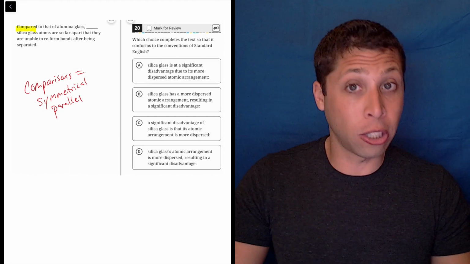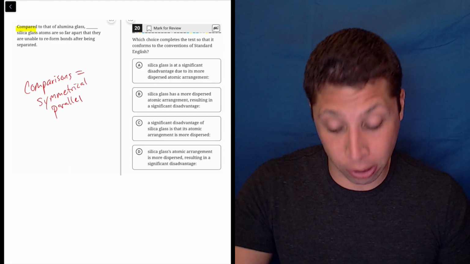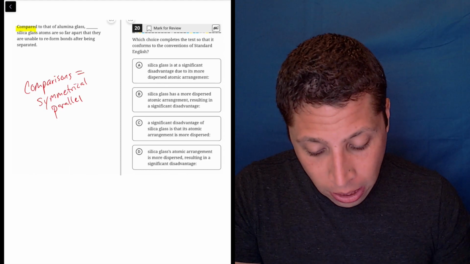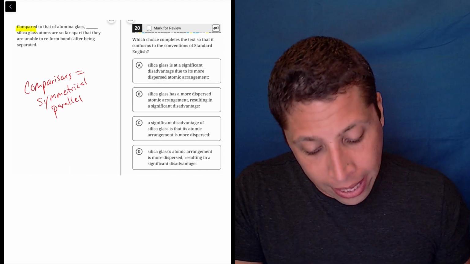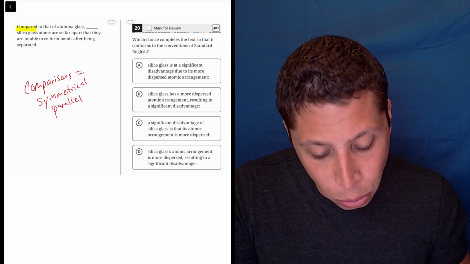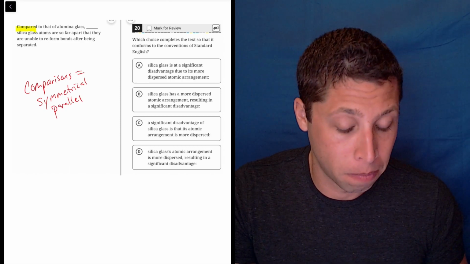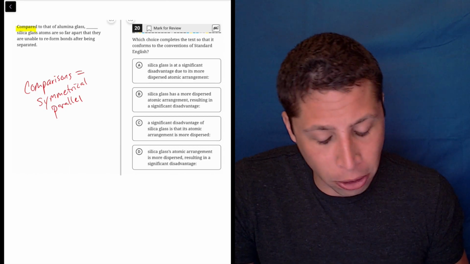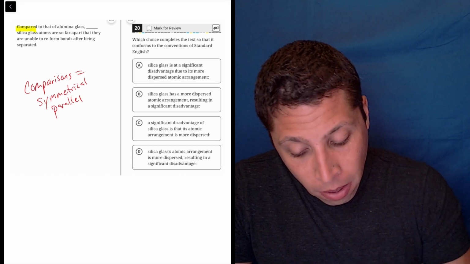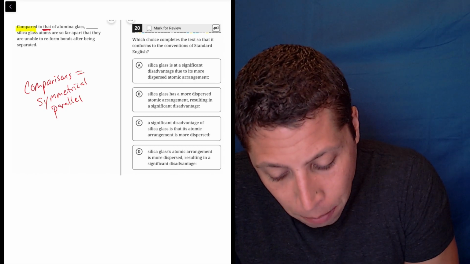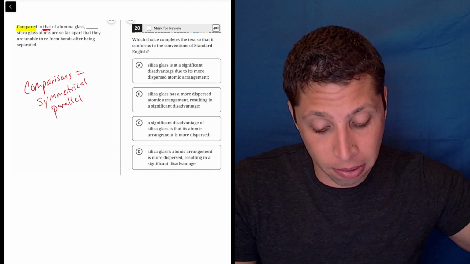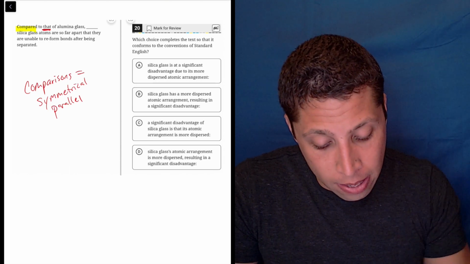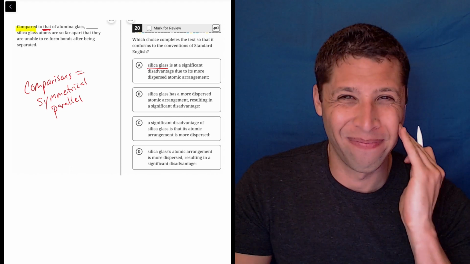So let's just look at choice A. What are they comparing in choice A? Well, compared to that of alumina glass, silica glass is at significant disadvantage due to its more dispersed atomic arrangement. Sounds maybe okay. But if we think about what they're comparing, we've got a problem. They're comparing something about alumina glass, I don't know what it is, but something about it, to silica glass.